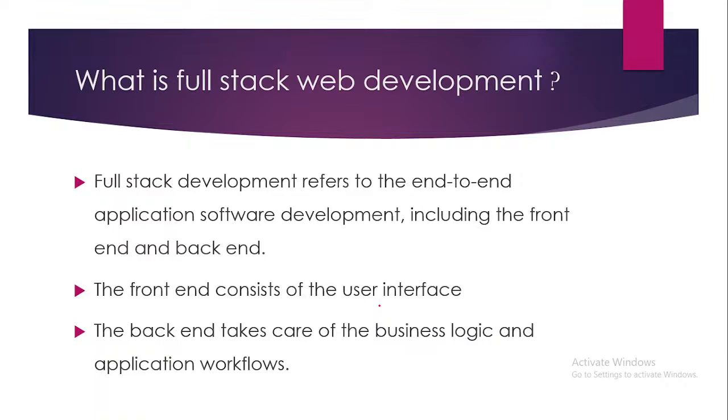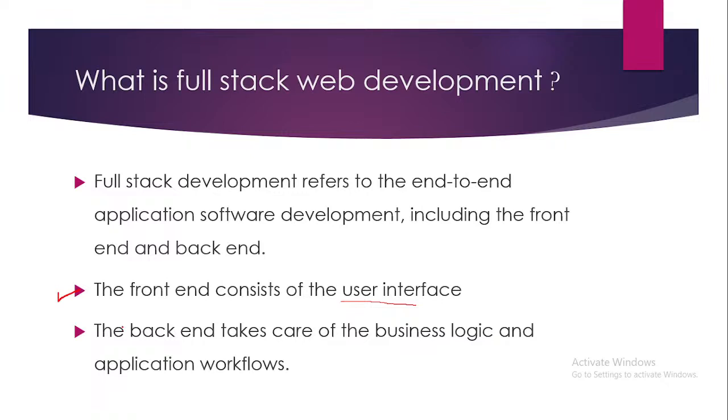Full stack web development is nothing but developing an end-to-end application software which consists of front-end applications as well as back-end applications. So what is a front-end application? Front-end application is nothing but developing user interfaces. The application which we can open in the browser and through which the user can interact with the application, that is called a front end.